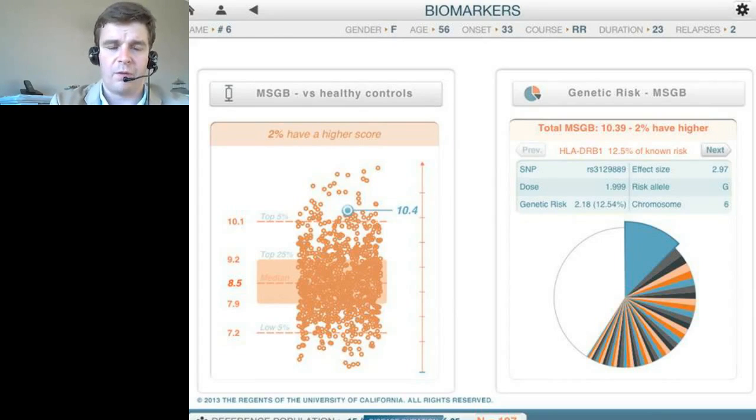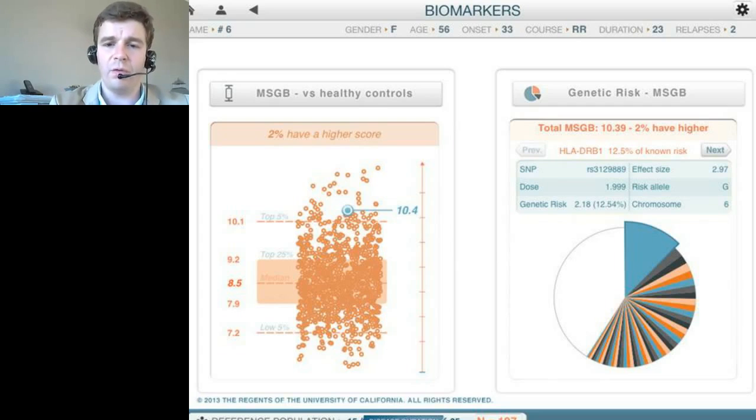So if you want to summarize how much this patient has in terms of genetics, we can compute a score that represents a weighted sum of the log odds ratios for each of the risk alleles. It's very difficult to interpret, and I actually don't think we should try to interpret it too much. What we can do is interpret this kind of information by comparison to a reference group, which here are healthy controls.